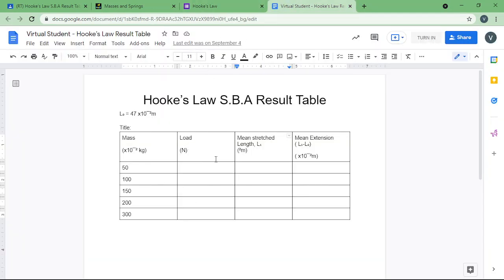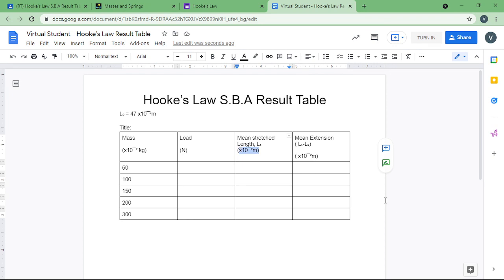So here's the table. Now it is important to note that something is missing here. So you need to copy this, times 10 to the minus 2. All right, that's it right there. So you can make the corrections right there.